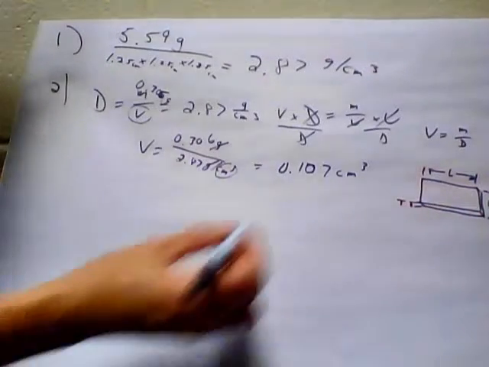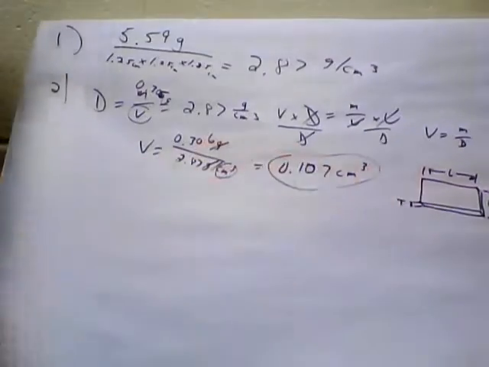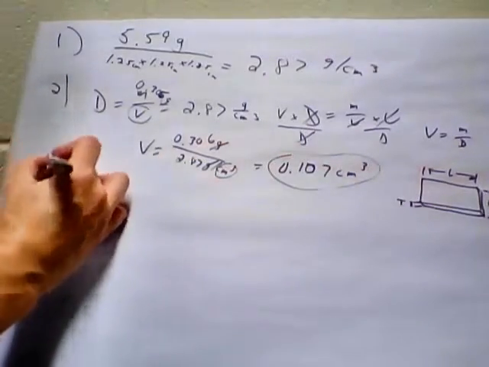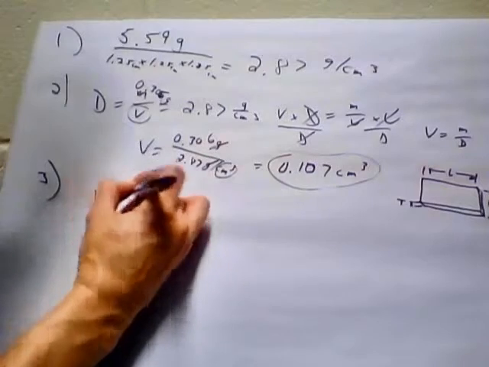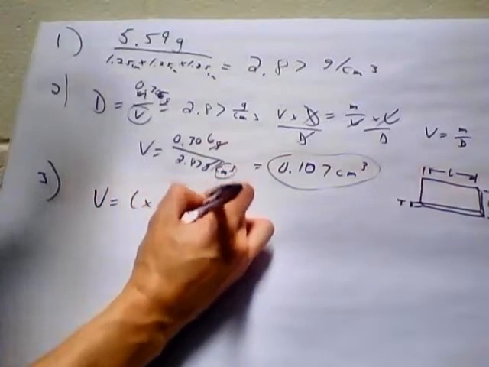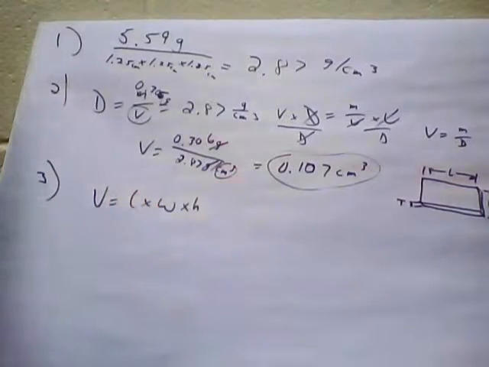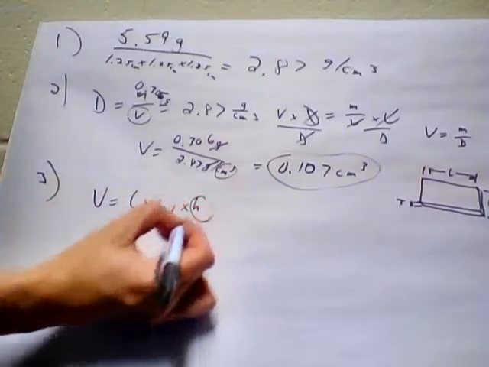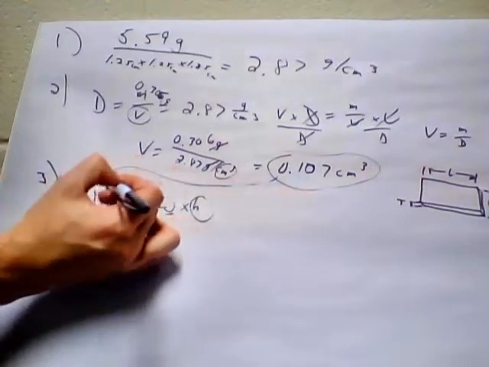So what we now know is the volume of our piece of foil. Volume equals length times width times height. I have the length and the width measured. The height is what I'm going to solve for because I now have my volume to plug in.